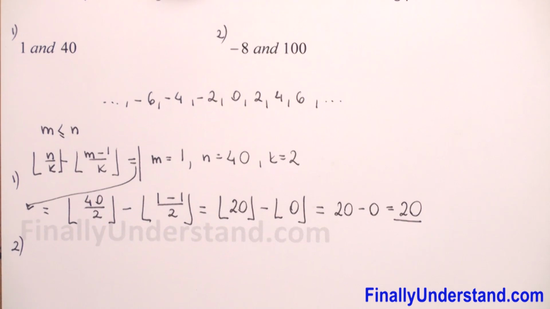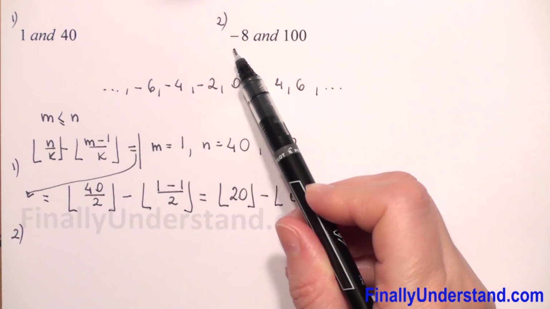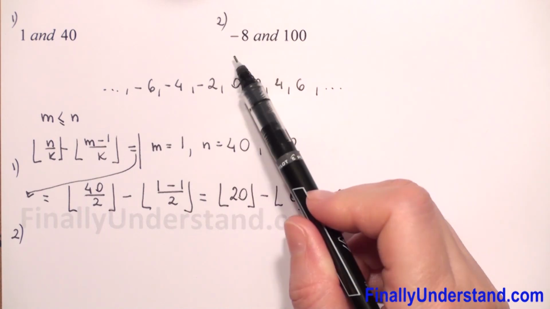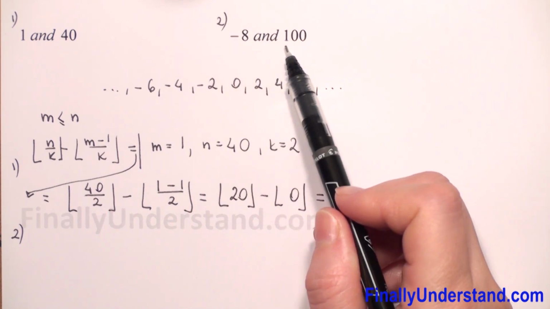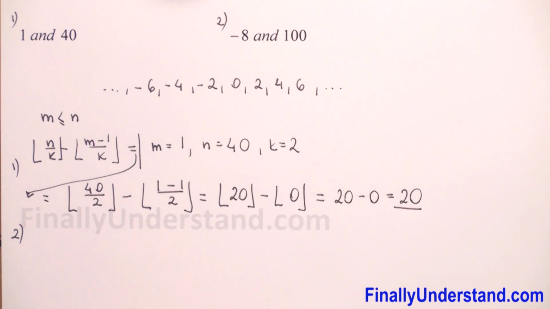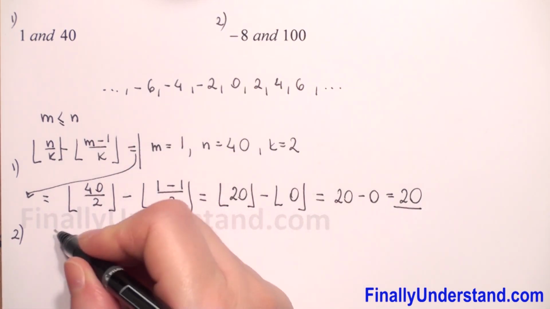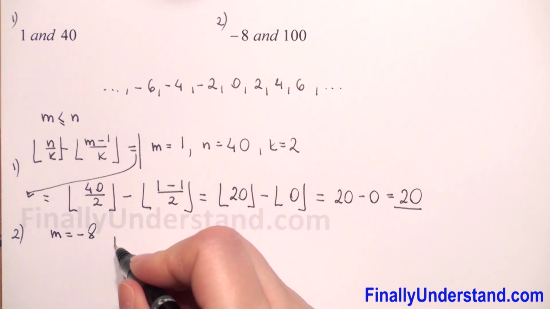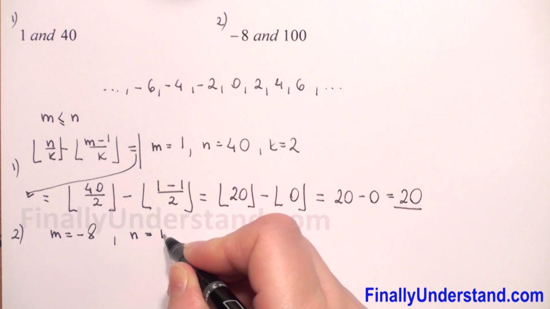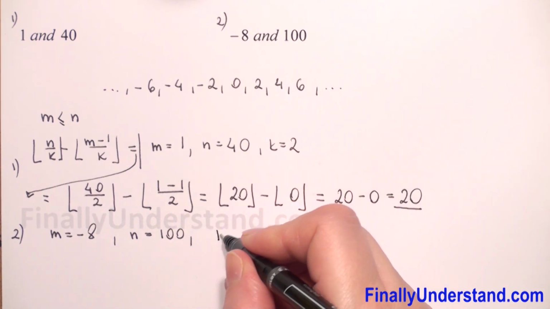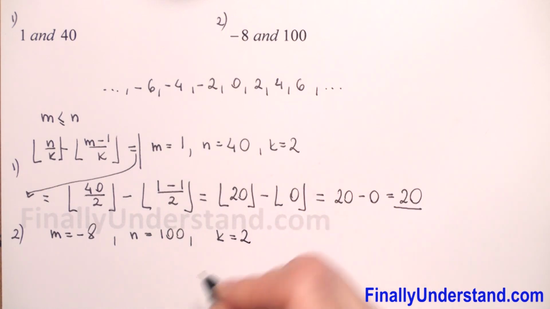In the second example, we are given integers between -8 and 100. We have to find the even integers between -8 and 100. In this example, we will use the same formula, and now m is equal to -8, n is equal to 100, and we have even integers, so k is equal to 2.